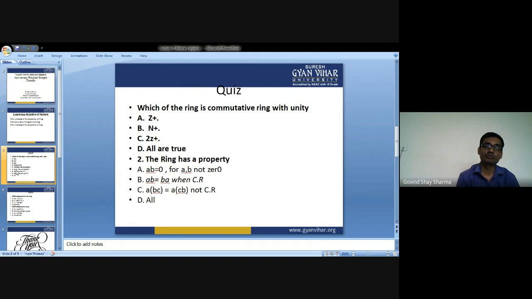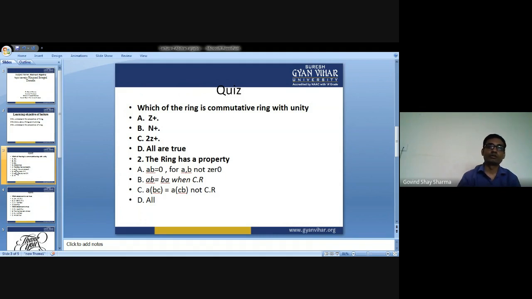If AB is equal to 0 while A and B are not 0, this is the form of a ring with zero divisors, which is not possible here. So that option is wrong.